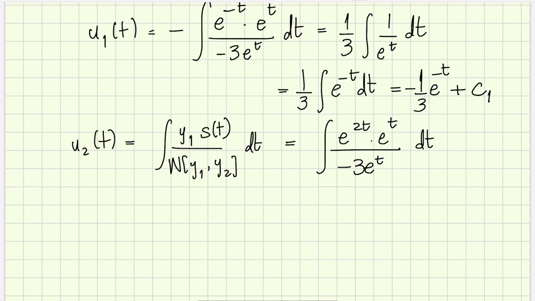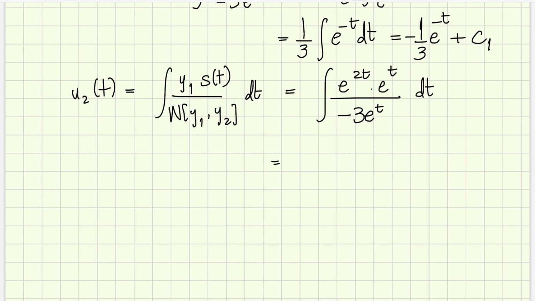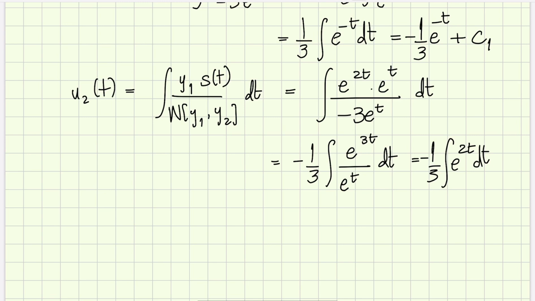Again, you simplify and you will get negative 1 over 3 integral e to the power 3t all over e to the power t dt, which is negative 1 over 3 integral e to the power 2t dt, and this should give you negative 1 over 6 e to the power 2t plus a constant. I'm going to call it C2. So now we have both of our functions, u1 and u2.